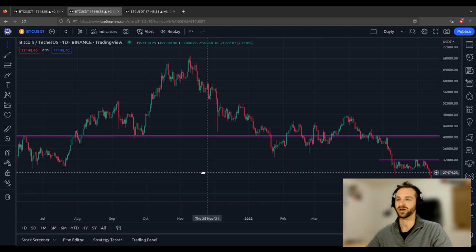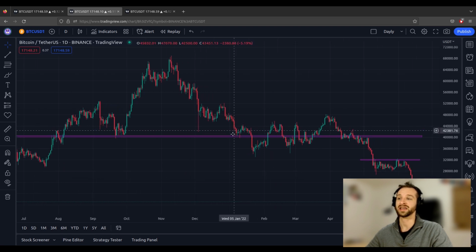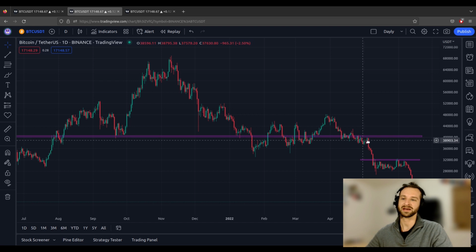And if we carry on going to the right, around here, it acted as support as well. Then it broke through, some things happened, it got tested, it was broken through, etc. And you can see around here, it came back to being an area of resistance.